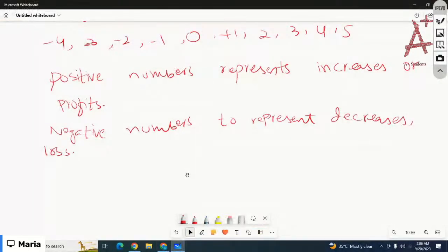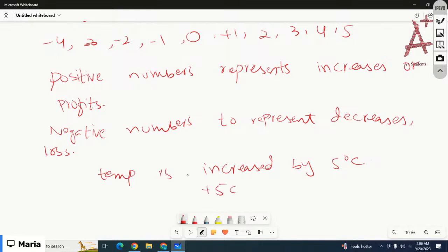Let's do some examples. For example, the temperature is increased by 5 degrees Celsius. How do you represent it, with a positive number or a negative number? That is an increase, so it would be represented by positive 5 degrees Celsius.